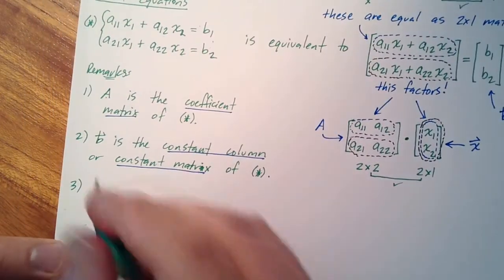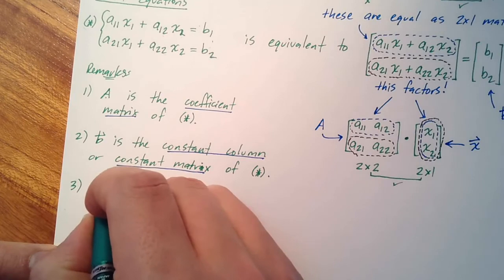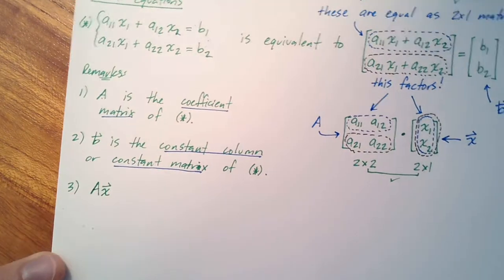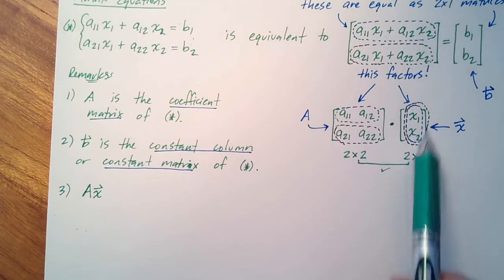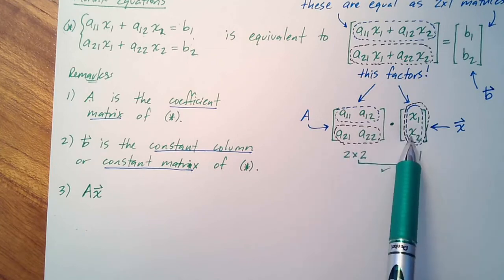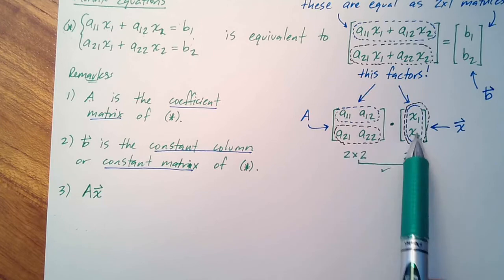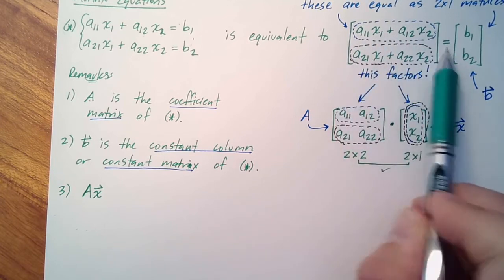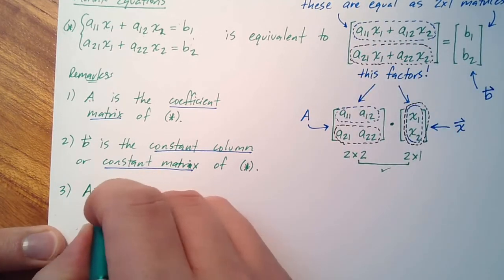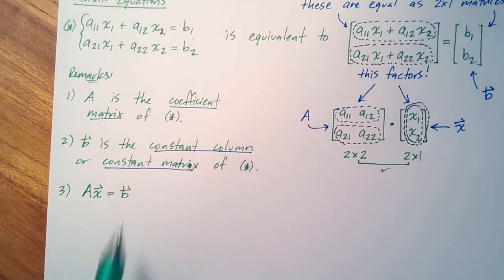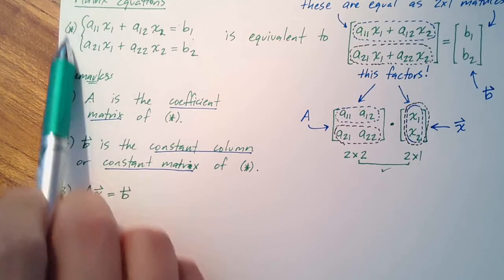So what we'll do is we'll do exactly that. We'll multiply them. So A times X, the product of these two matrices, has to equal the constant matrix over on the right-hand side, right? Because these two multiply to this one, and this one is equal to this one. So I can say that this is equal to B. This is now a really nice, compact, and concise way to express this entire linear system.